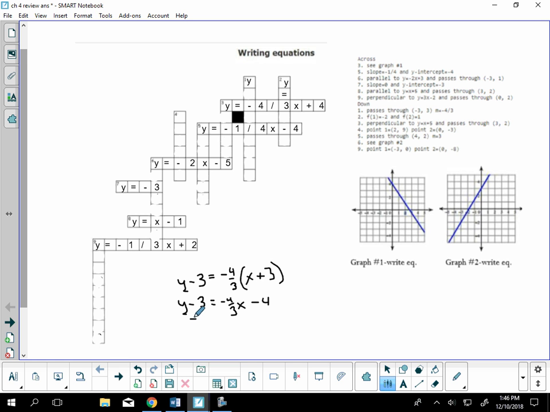Add 3 to both sides. And you get y equals -4 thirds x minus 1. And that was number 1 down right here.